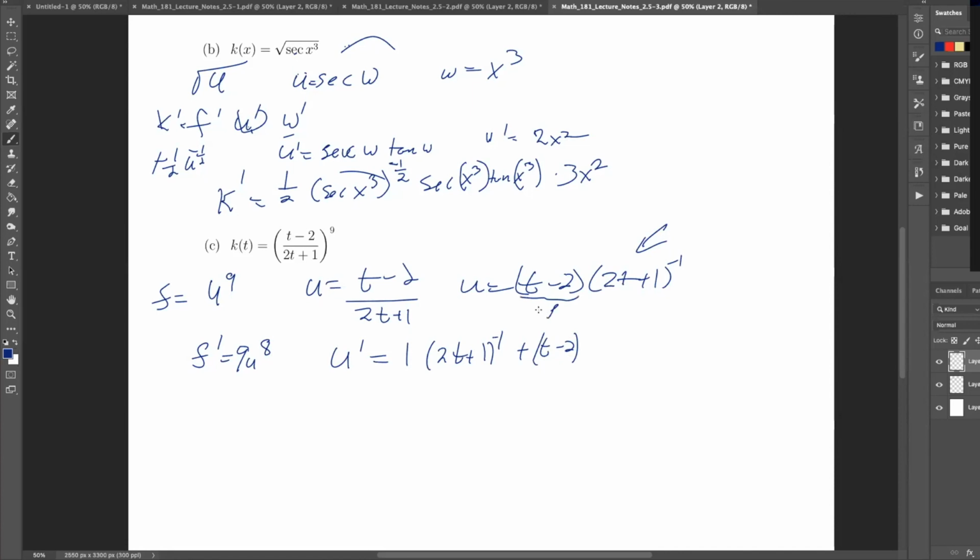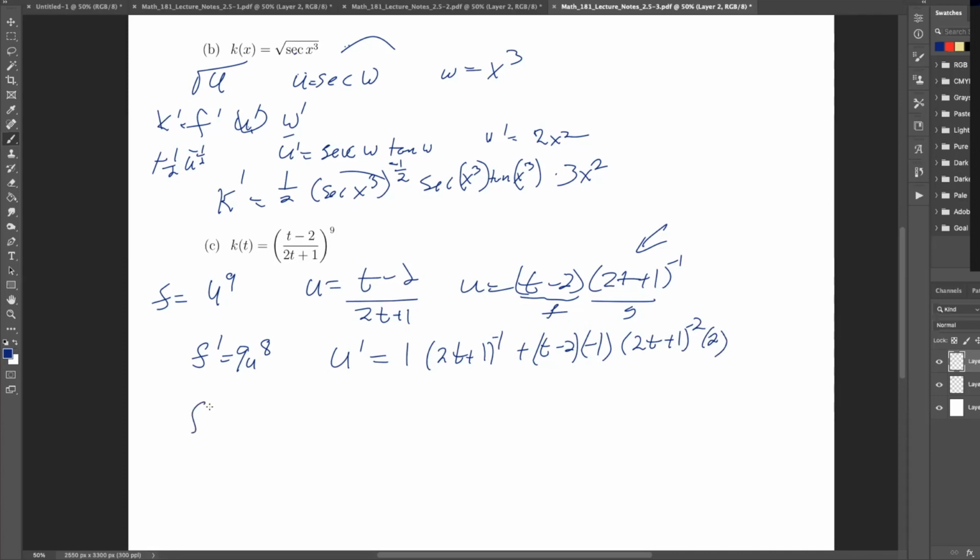So here I'll make this my f and this is my g. So f prime g, and then f g prime. Here I'll have a minus 1 that comes out, 2t plus 1 to the minus 2 times 2. And here I'm just using chain rule to avoid using quotient rule. It's really honestly what I do. I'm dyslexic, and therefore if I always just do this, it doesn't matter which order I do it in, right?